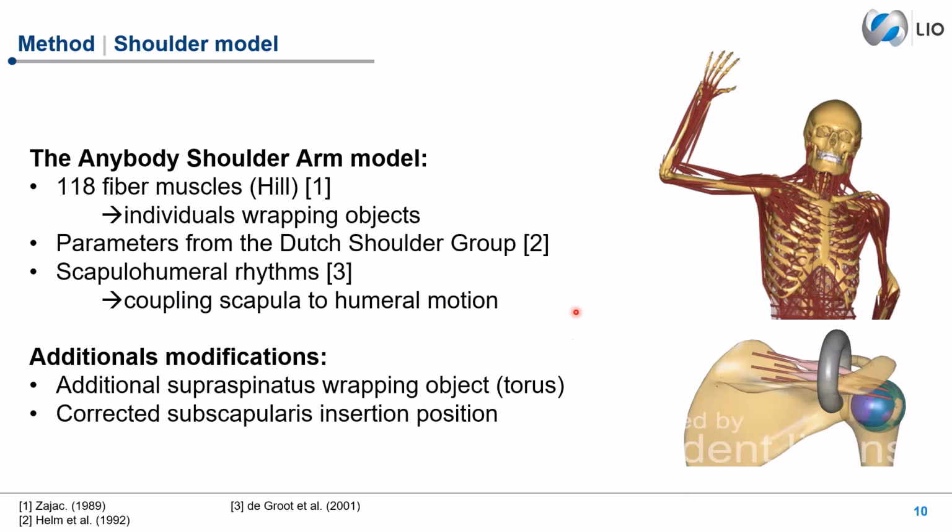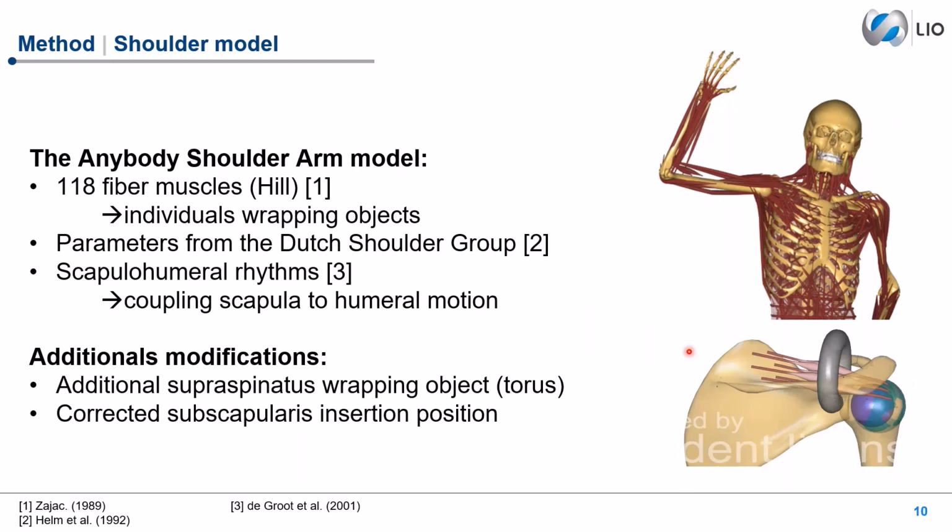I made some additional modifications in order to improve the moment arm of the muscles. I added a supraspinatus torus object to help the supraspinatus wrap properly around the humeral head, and I corrected the subscapularis insertion position so it really fits into the lesser humeral tuberosity.